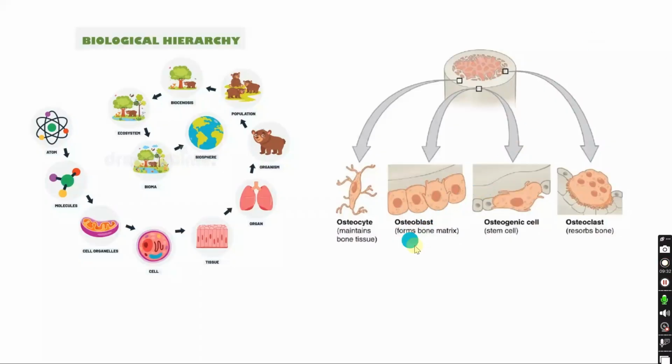They form bone matrices. And we have the osteocytes, which are maintenance cells. When these specialized cells team up, they form bone tissue, and that tissue forms the organ, which is your bone. And those organs, your bones, allow you, the organism, to stand up and move.